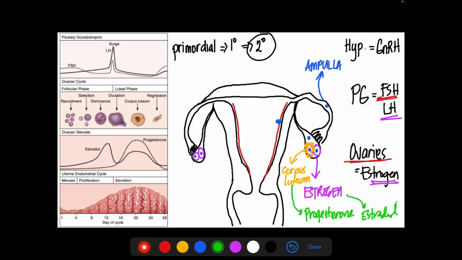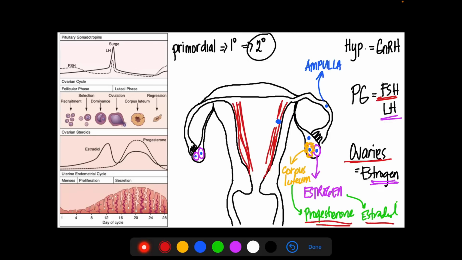And what are the functions of these two hormones? Progesterone and estradiol will further stimulate uterine development, making it a nutritious bed for the embryo in the event of pregnancy. That means the lining will thicken to support the growth of the embryo. It's because of the action of progesterone and estradiol.